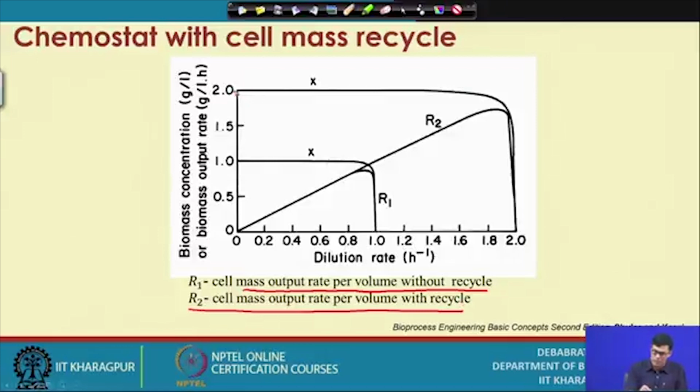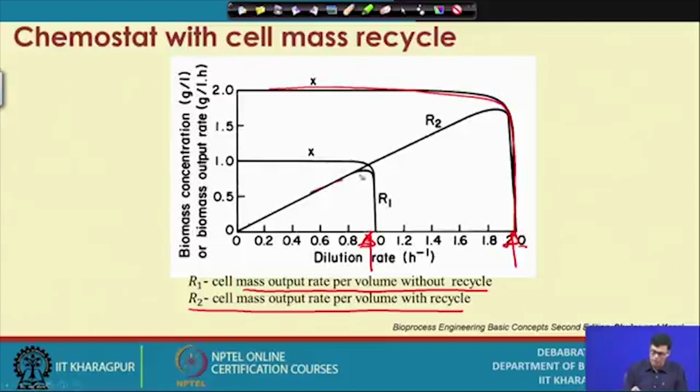So, with recycling the cell mass concentration will be like this, and you can see that the washout dilution rate is much higher as compared to without recycling. Without recycling it might be close to 1, and with recycling it is about 2.